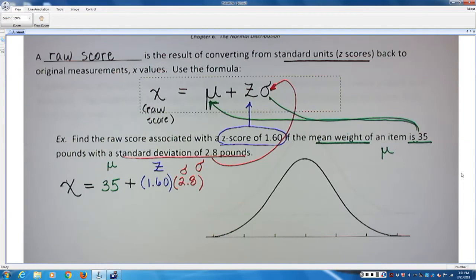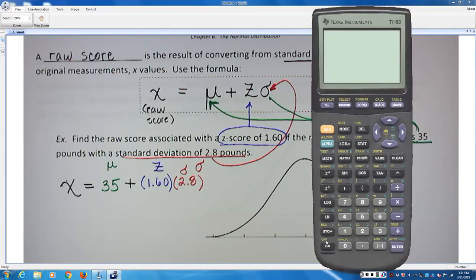So we just need to do some arithmetic. And our raw score turns out to be 39.48.